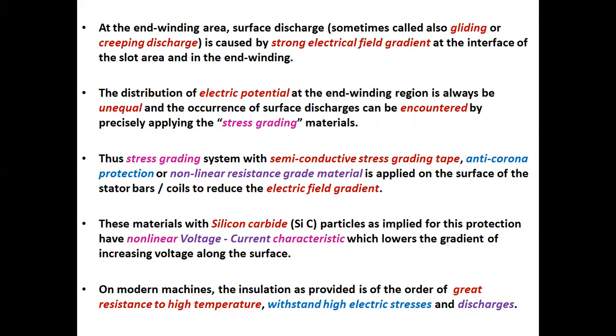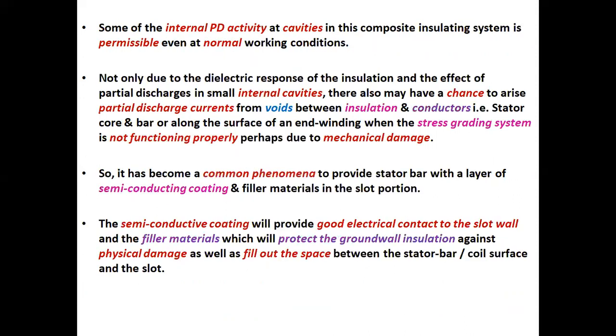On modern machines, the insulation provided is of a great resistance to high temperature and withstands high electric stresses and discharges. Some internal partial discharge activity at cavities in this composite insulating system is permissible even at normal working conditions.